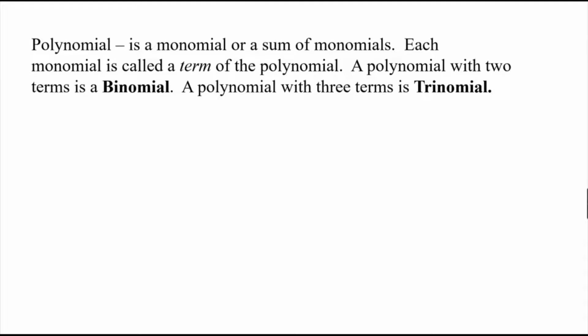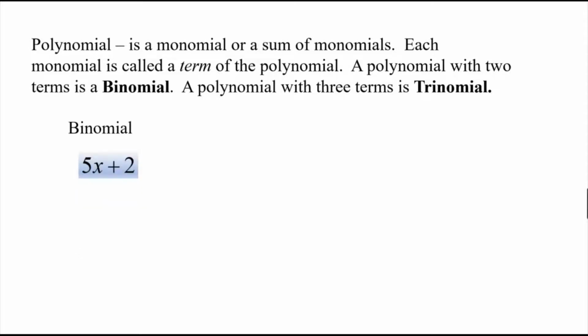Now, let us proceed to identifying the degree of a polynomial as well as trying to recall what a polynomial is. Again, to recall, this refers to a monomial or a group of monomials or a sum of monomials. Each monomial is called a term. A polynomial with 2 terms is called binomial, and if it has 3 terms, it is called trinomial.